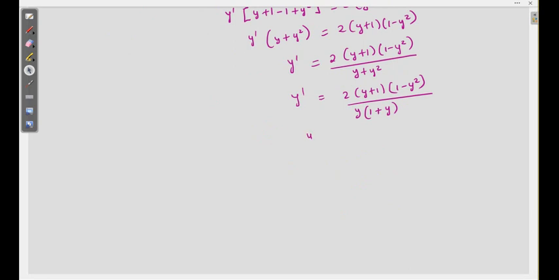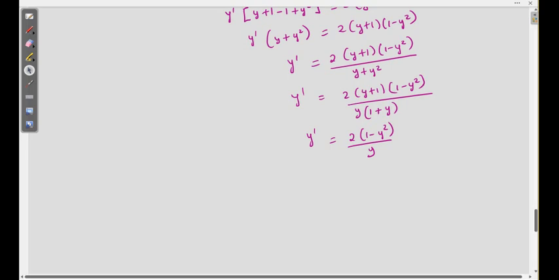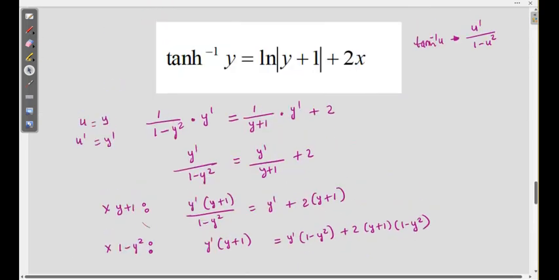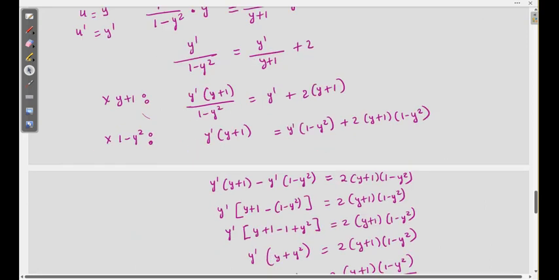Then the derivative will be 2 into 1 minus y squared all over y. That should be the final answer. Yes, it is. Nice stuff. So even with hyperbolic functions, it is still the same procedure: you work with the one inside, substitute back into the formula, and the rest is history.